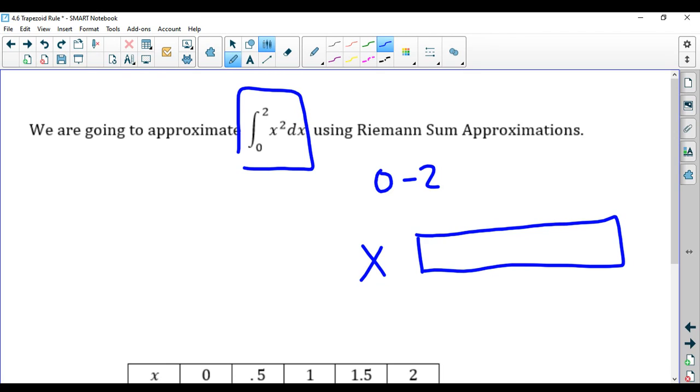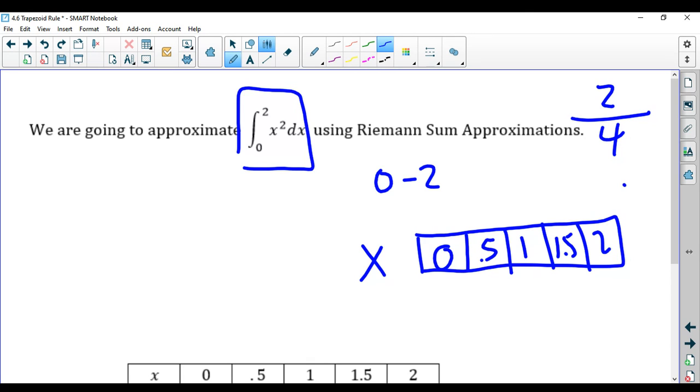So from 0 to 2, since the whole length is 2, divide by 4, that would be 0.5. That means each interval would be 0.5 long. So your x values would be 0 to 0.5 to 1 to 1.5, and then finally to 2.